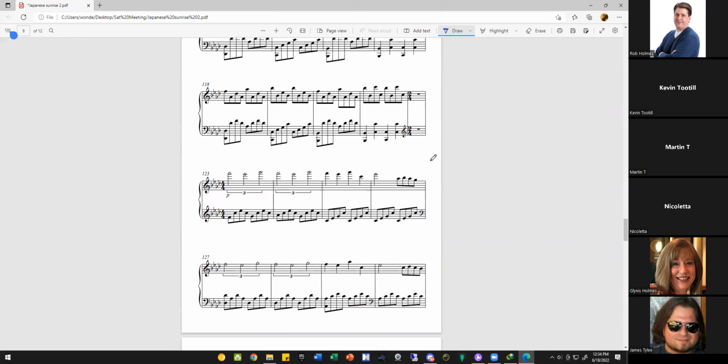Well, here's a good one for you. So we go from bass to treble, the bass clef to the violin key or treble clef. What does it mean? It means that this time your left hand is shifting to the right hand area.